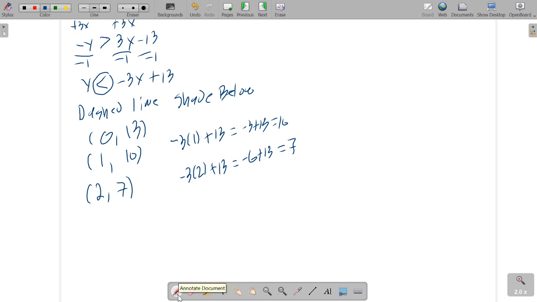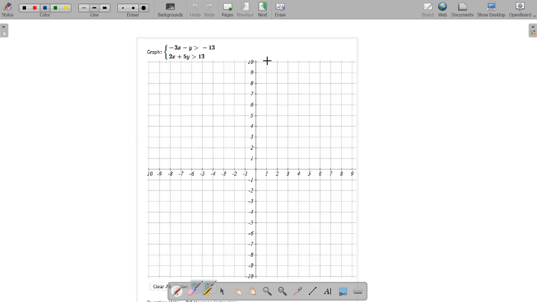So let's go back to the graph, and we have the points (1, 10) and (2, 7). We're going to need a dashed line, and so we can actually do down 3 over 1 each time.